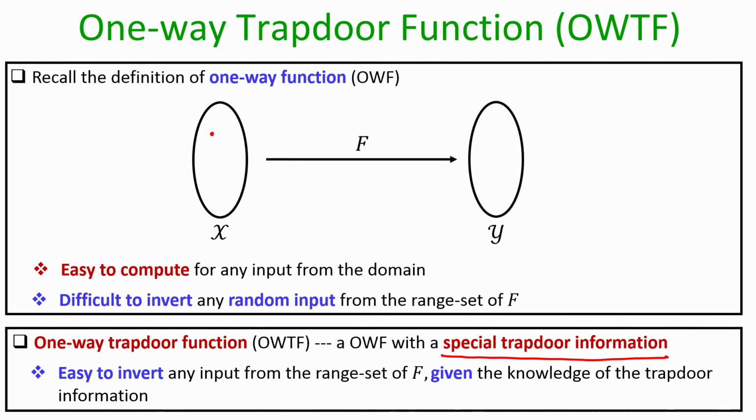That means any entity who knows the trapdoor information can easily invert the function f on any random y from the range set of f. But in the absence of the trapdoor information, the function looks like a one way function to that entity. It will not be possible for an entity who does not possess the trapdoor information to invert f on any random y from the range set of f.